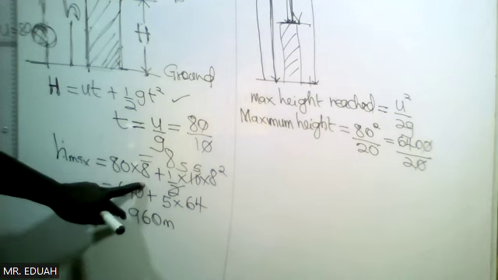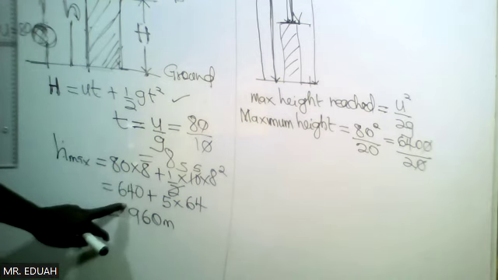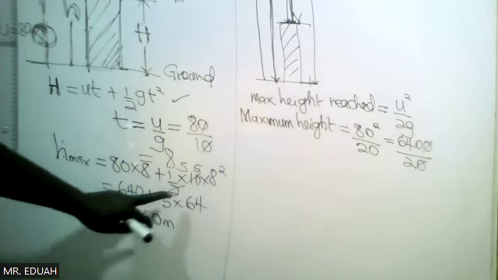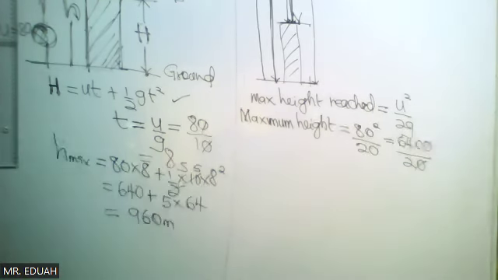80 times 8, 640. 64 times 5. Let's confirm 64 times 5. 320.